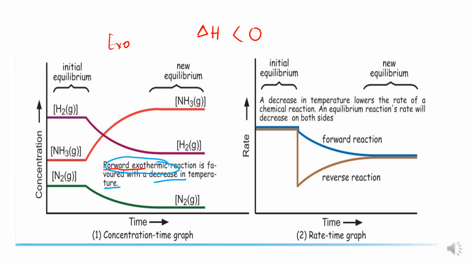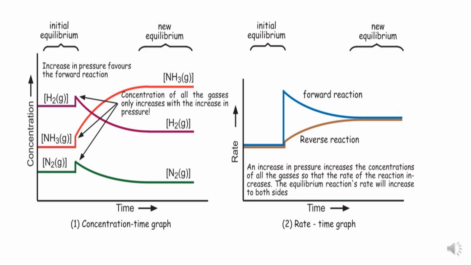And then looking again, what happens when you have a pressure change? You'll see that there is a sharp increase. If pressure is increased, then a sharp increase in all the concentrations, right? And then the reaction that produces the least number of gaseous moles is the one that is favored.